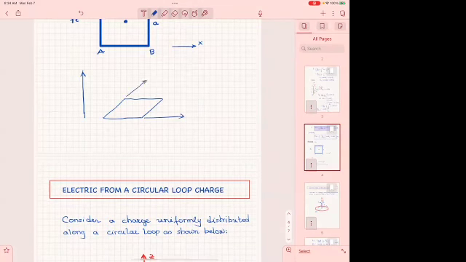X, Y, and Z. Okay, and then in the beginning, I want you to find it down here. A, B, C, and D.